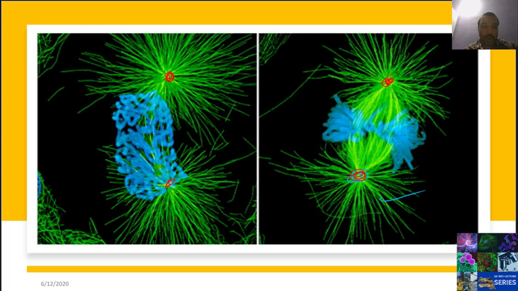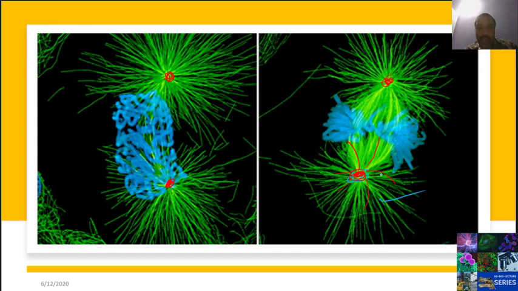The central core is called the centrosome.